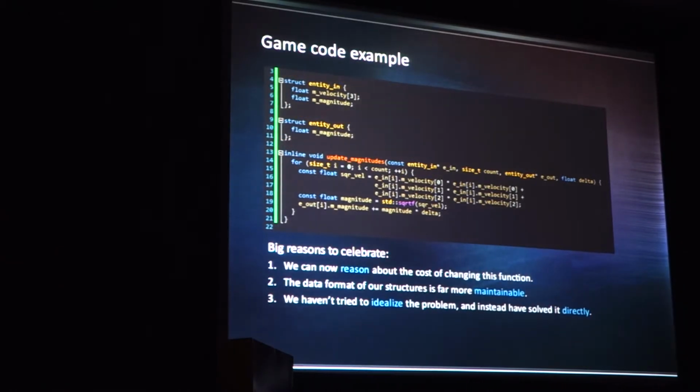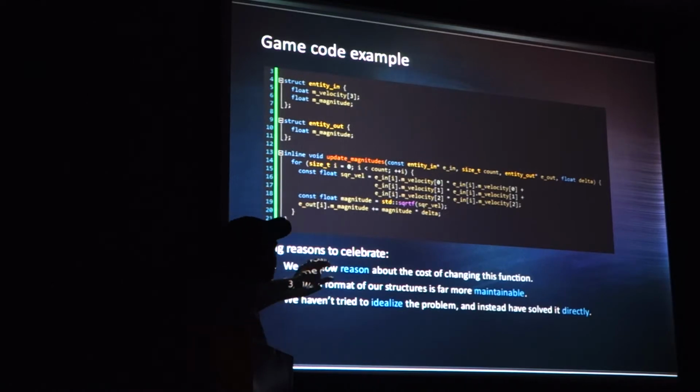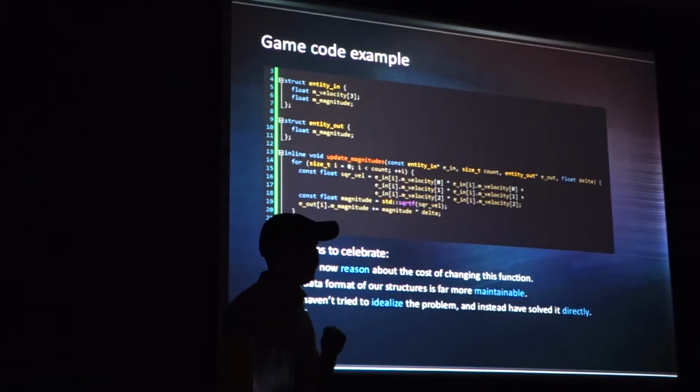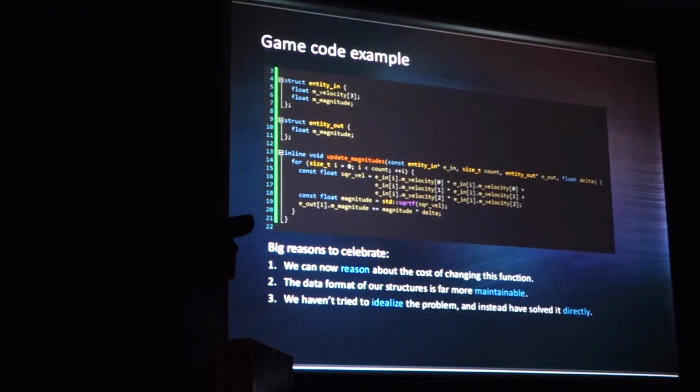So we have some big reasons to celebrate with this reordering of the data and rethinking the function. Number 1, we can now reason about the cost of changing this function. If I change the count of entity in, in that little exercise I showed you, you can reason about the cost of the function now. What does it mean to change the count? Number 2, the data format of our structures is far more maintainable. We now have much less data that we're considering.